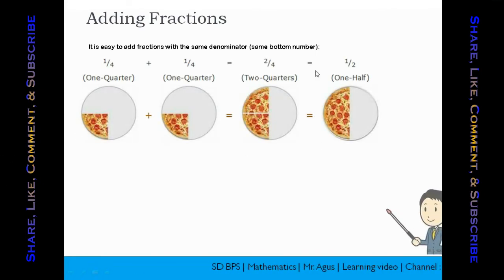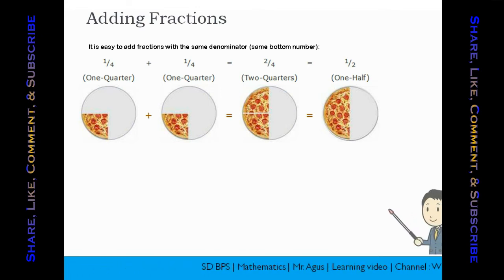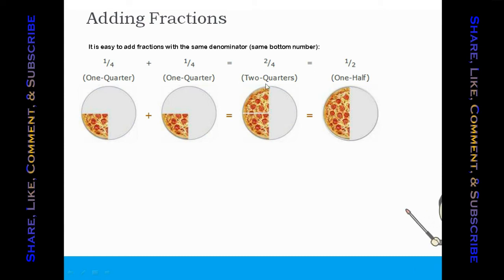Look at the figure and the example. 1 per 4 plus 1 per 4 equals 2 per 4. 2 per 4 is equivalent to 1 per 2, or the lowest term of 2 per 4 is 1 per 2.